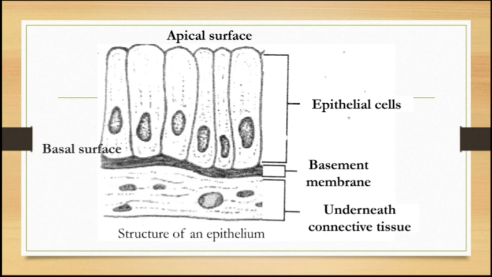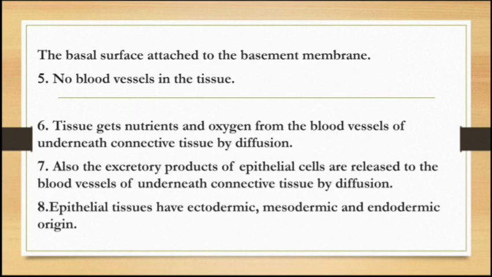So, you will wonder how the cells get energy, how the cells get respiratory gases and nutrients, and how they remove their excretory products from the tissues. The tissue gets nutrients and oxygen from the blood vessels of the underneath connective tissue by diffusion.